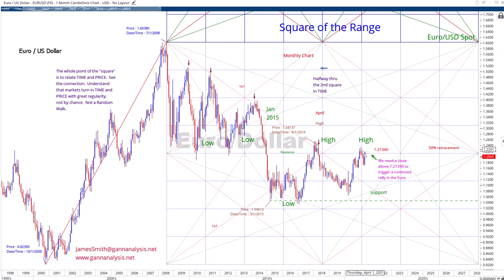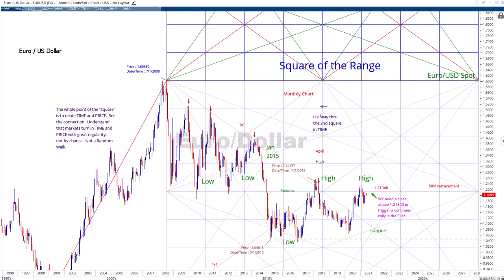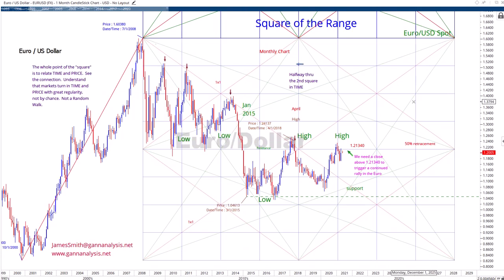So this is a very useful tool from a Gann perspective. The whole point is we're connecting time and price. So we're seeing visually, you can see how this works. Visually, time and price are mapped out geometrically in a relationship that is not obvious to people unless they actually physically do this.